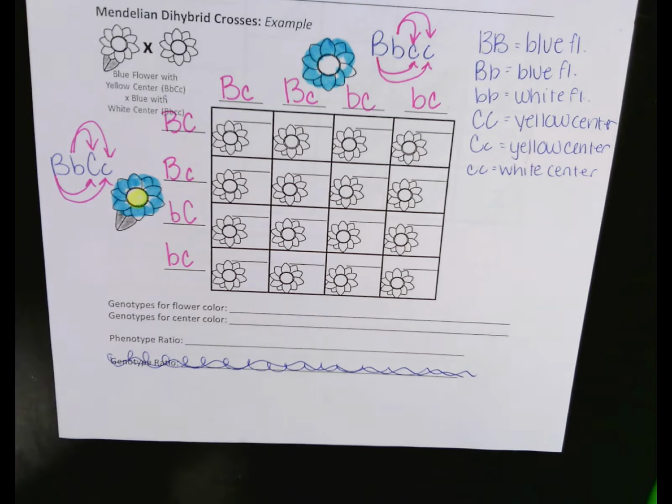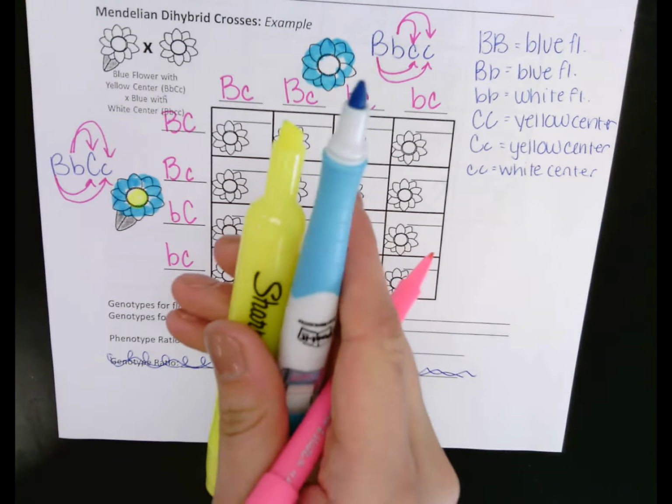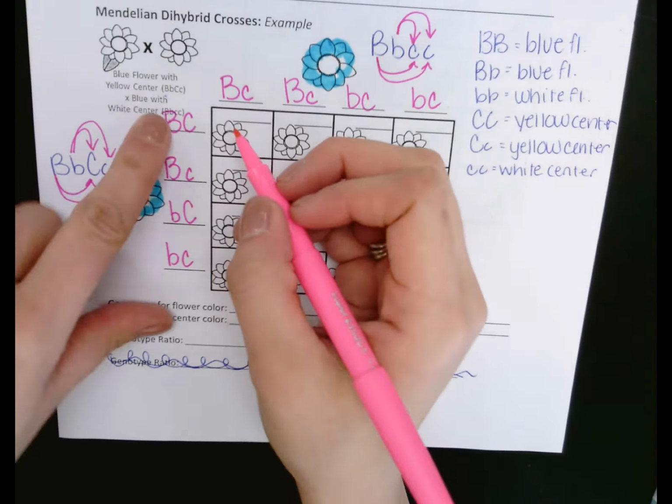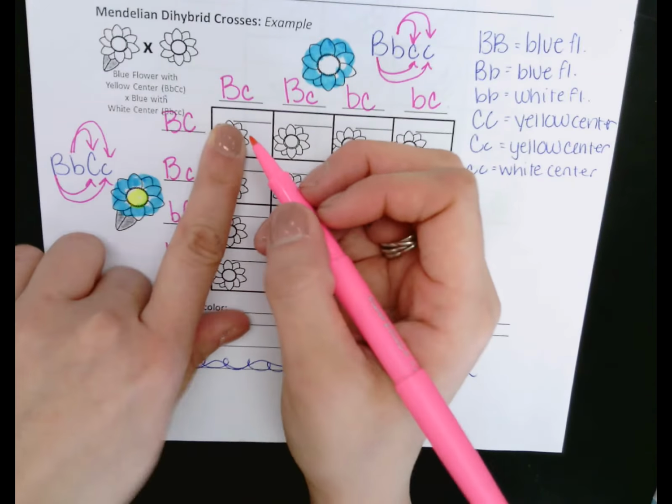So the first thing I want to do is, guys, anytime you want to use coloring to help you fill these out, I would strongly recommend it. So what I want to do is we're going to go through this and first identify the genotype, and then we're going to color it using these yellow and these blue highlighters. So right here, we're going to cross these. Big B, big C, little c.